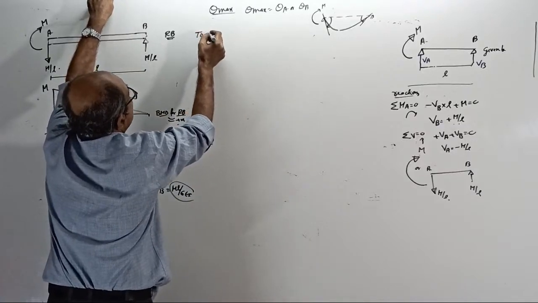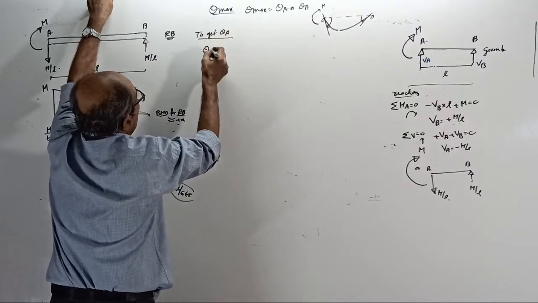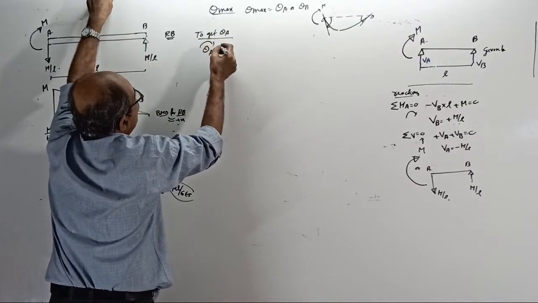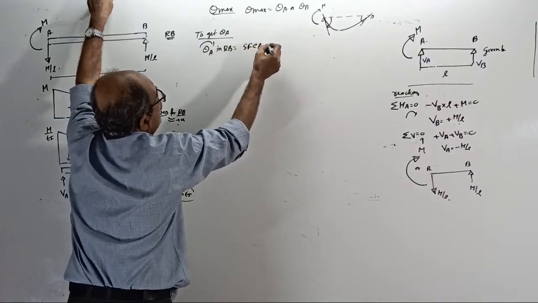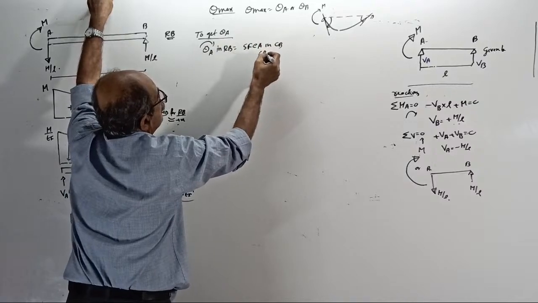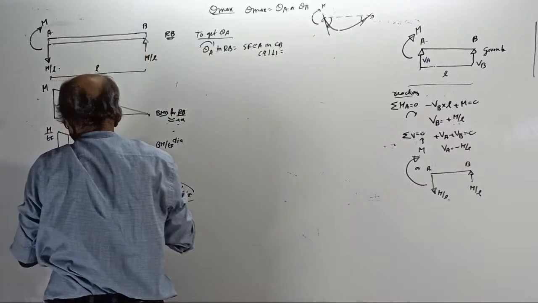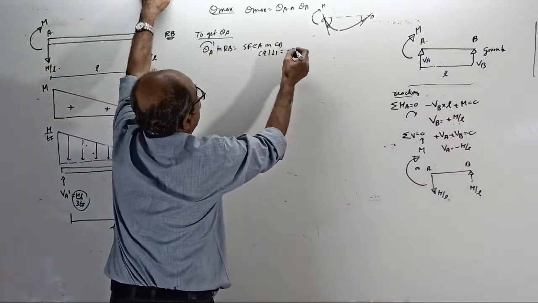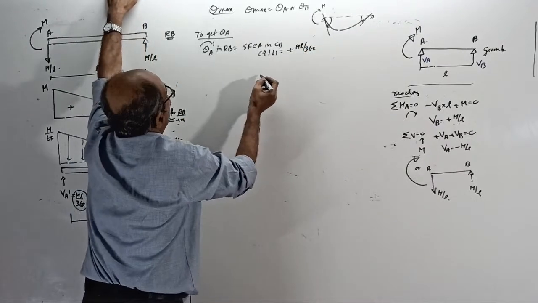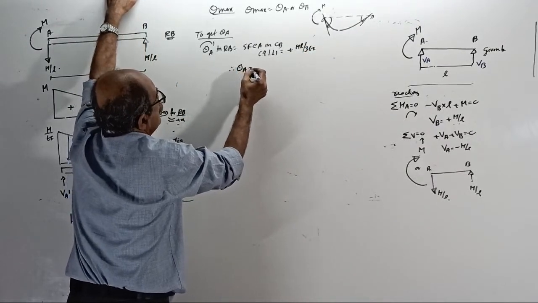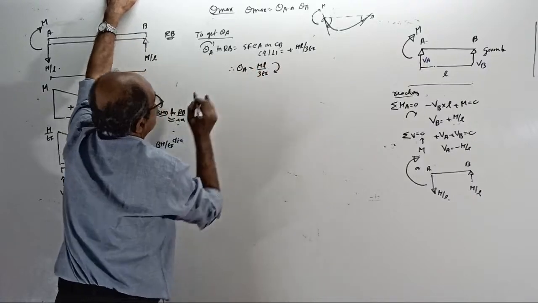See, to get theta A clockwise in the real beam, it equals the shear force at A in the conjugate beam. The slope here is the shear force here, plus ML by 3EI. Therefore, your theta A equal to ML by 3EI clockwise.